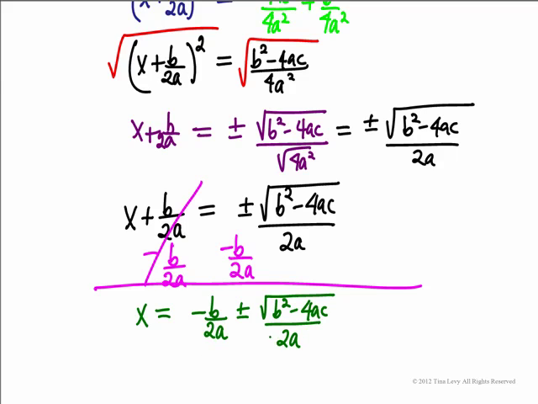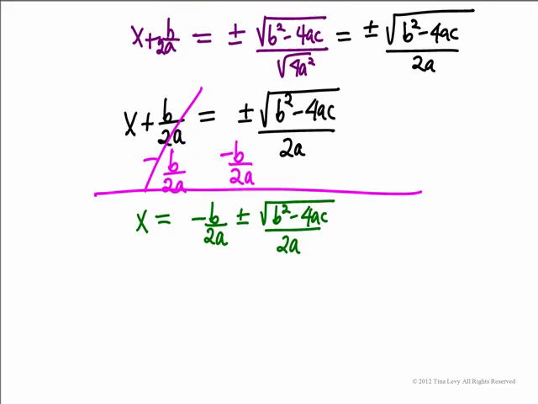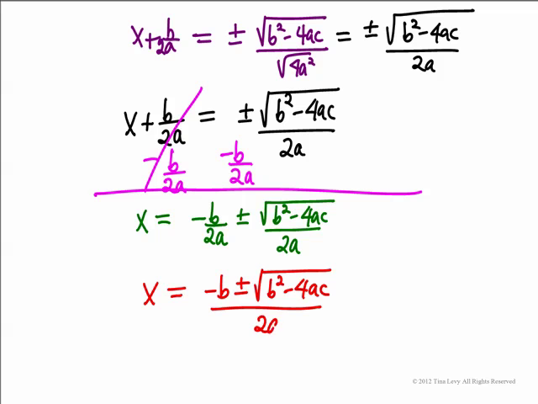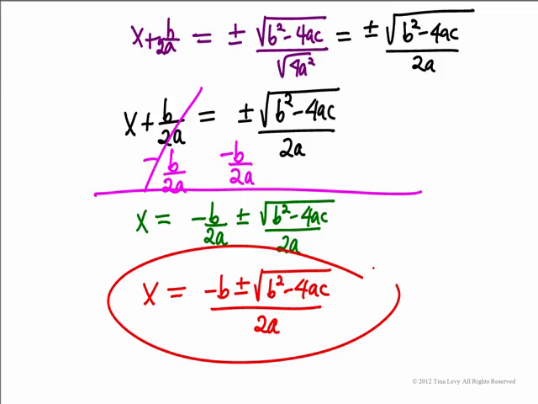But because these are the same denominators, we get to write them as one fraction. Our solution is x is negative b plus or minus the square root of b squared minus 4ac, both of those over 2a. And this is what we call the quadratic formula.